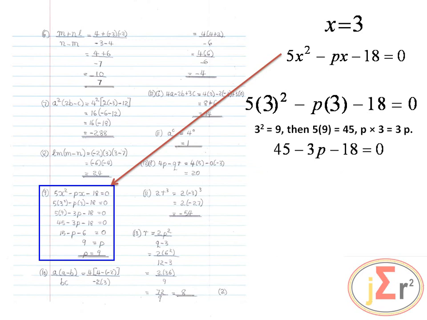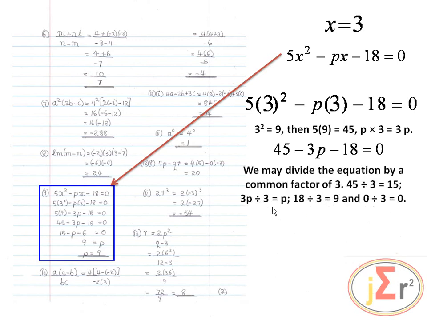And if we have an equation with each term being a multiple of the same number, then we may divide that equation all the way through by that single number. We may divide the equation by a common factor of 3 because each one of those terms is a multiple of 3.